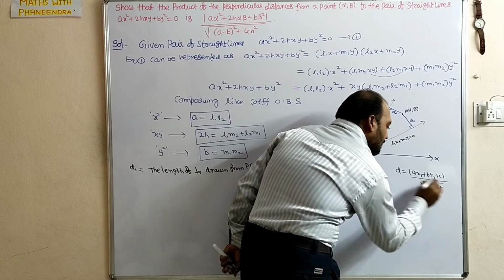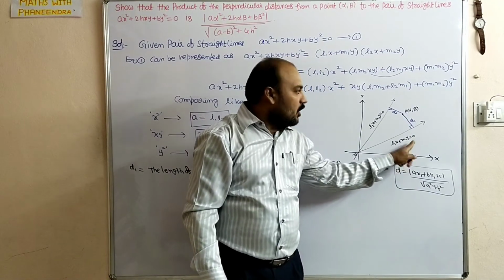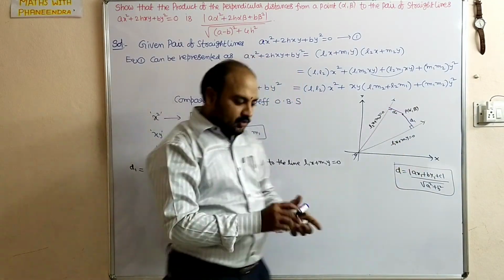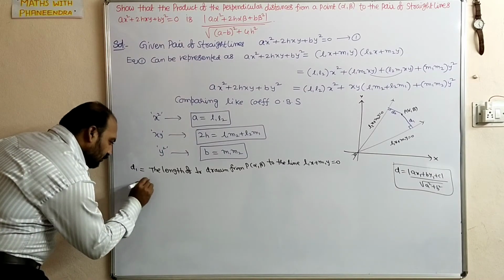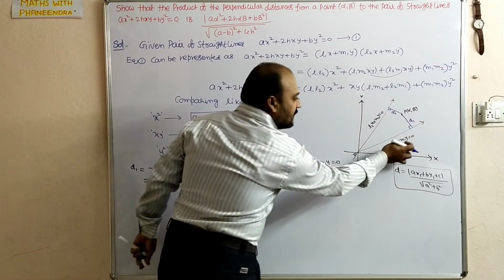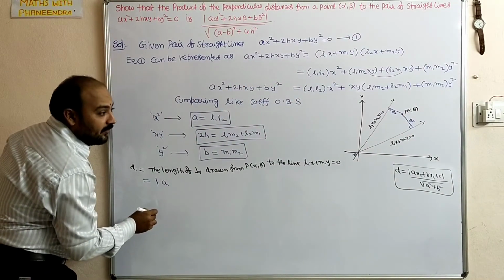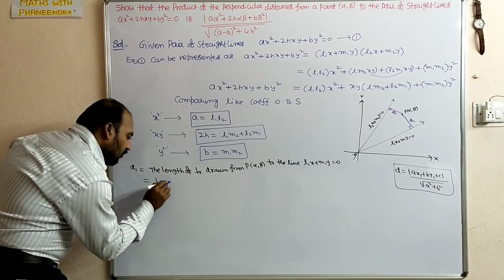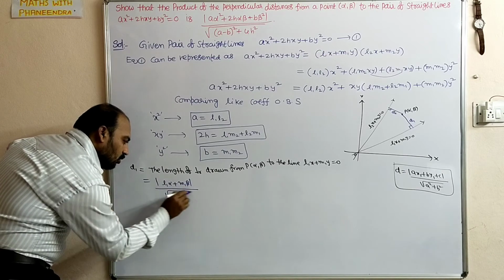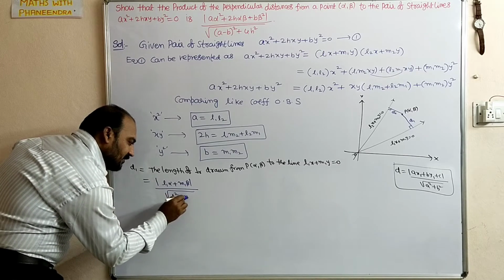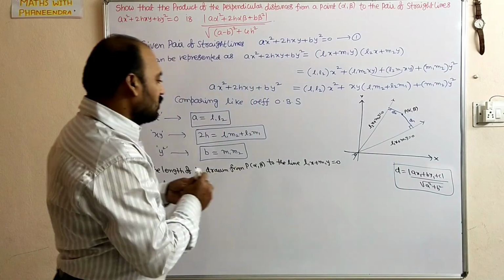This is the perpendicular distance formula. So here also, in this line, wherever x comma y is there, you have to replace with alpha comma beta. So D1 equal to mod L1 alpha plus M1 beta divided by root of L1 square plus M1 square. This is about D1.